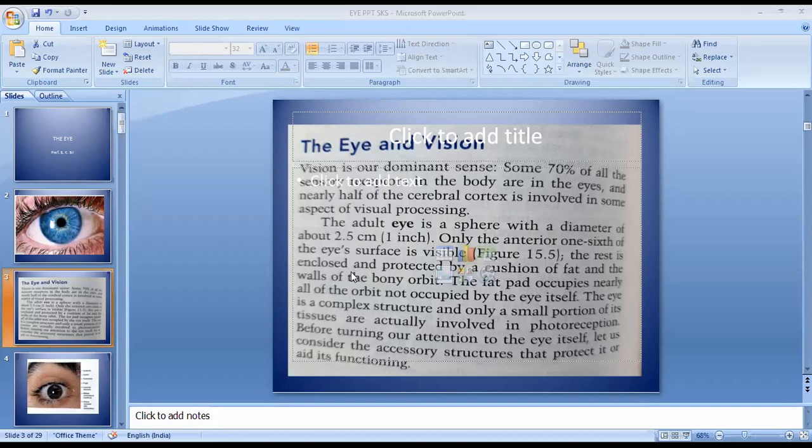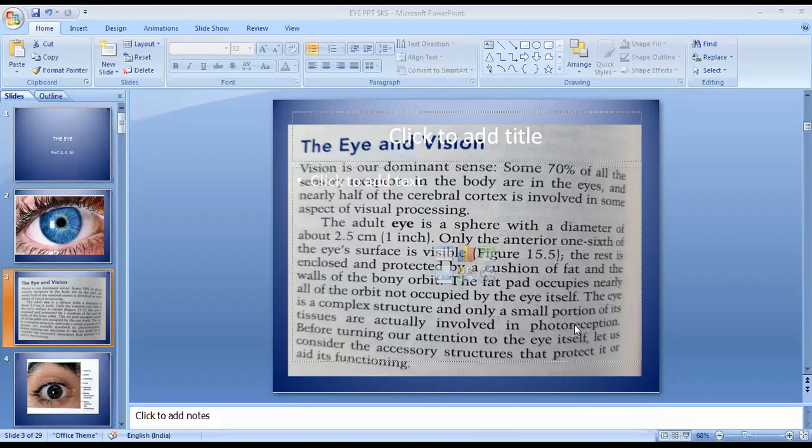The rest is enclosed and protected by a cushion of fat and the walls of the bony orbit. The fat pad occupies nearly all of the orbit not occupied by the eye itself. The eye is a complex structure, and only a small portion of its tissues are actually involved in photoreception.